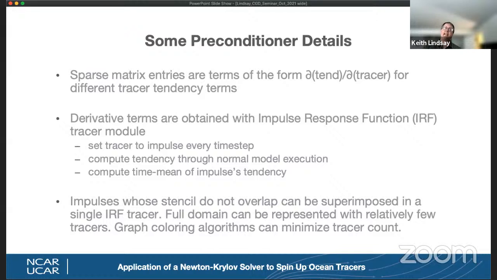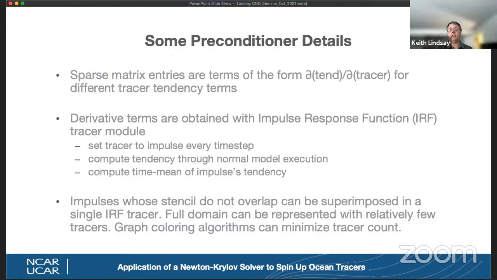So one of the ideas of Kadawala and Lee and Primo was that you can superimpose these impulses if their tendencies do not overlap with each other, and you can reconstruct the tendencies from the individual impulses from a single tracer for multiple impulses. It turns out that if you superimpose these in a clever way, you can represent the full domain with relatively few tracers.